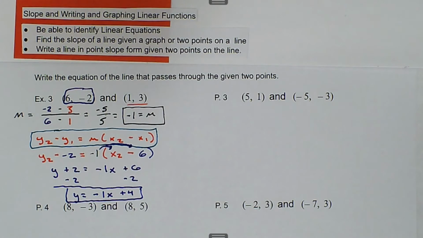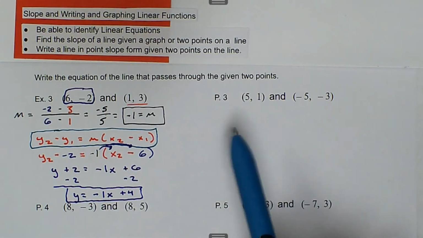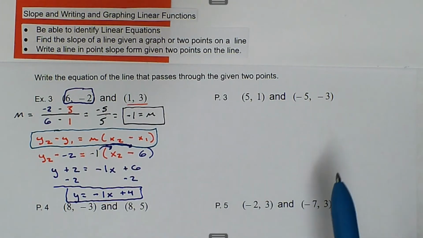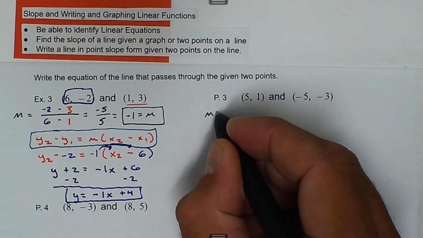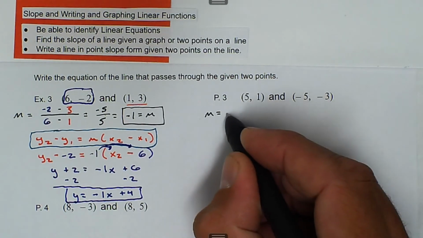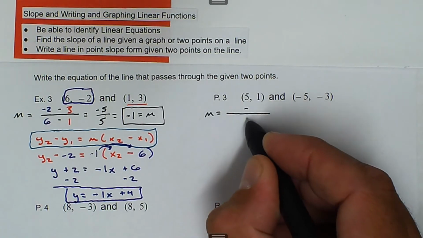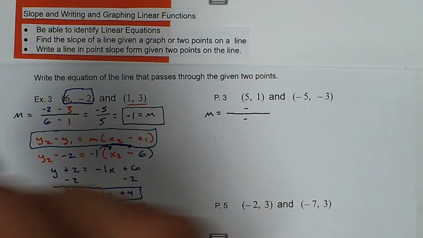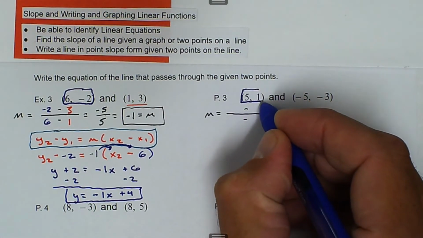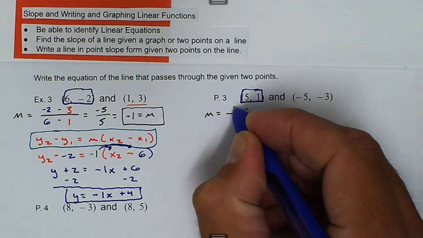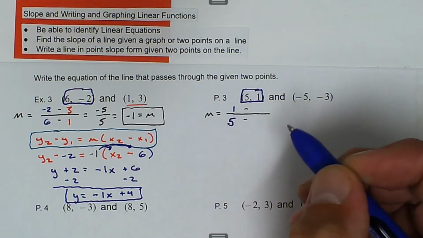Another way we can do it, the first step is the same. We have to calculate what our slope would be. Whenever I calculate the slope, I always start off with m equals, and I put my minus signs to make sure I never forget those. I'm going to pick this one to go in first, y in the numerator, x in the denominator.